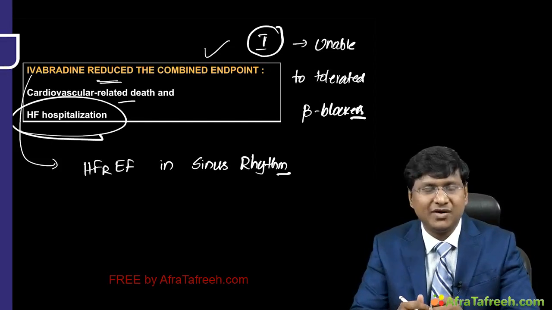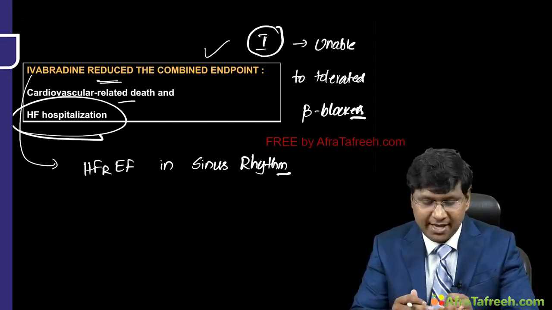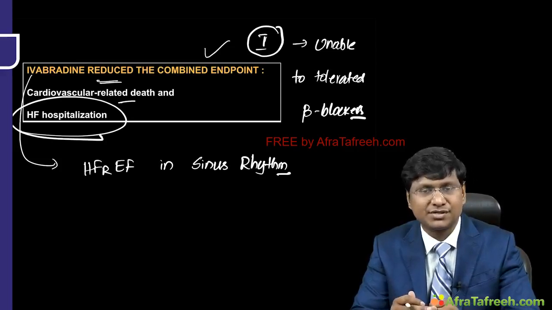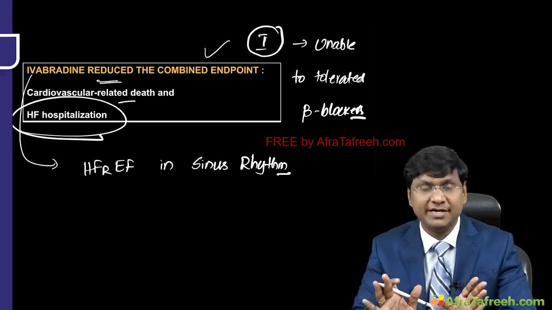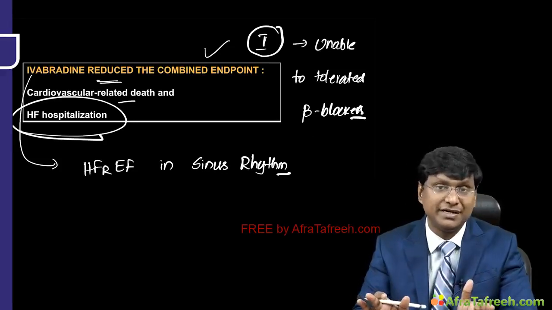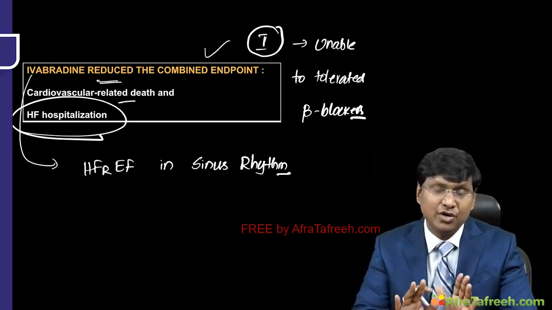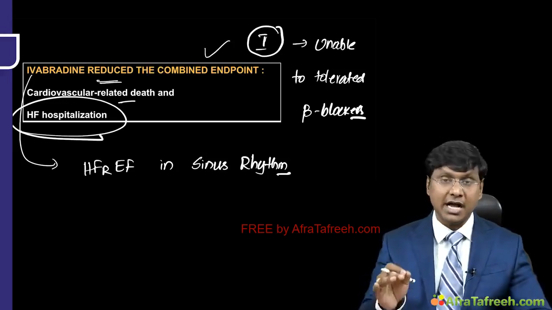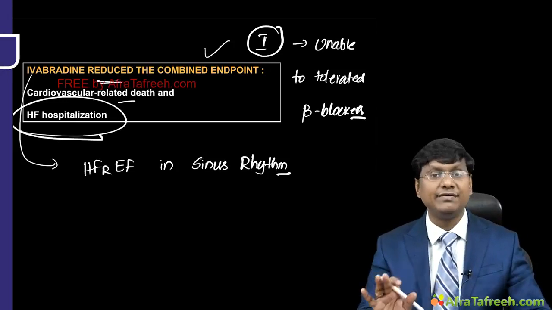Patients with COPD or bronchial asthma, you cannot give beta blockers. And patients having hypotension, you cannot give beta blockers. In that place you give ivabradine. Ivabradine will not reduce the blood pressure of the individual, and it will not cause anything related to the respiratory system. So where beta blockers are not tolerated, there you give ivabradine.